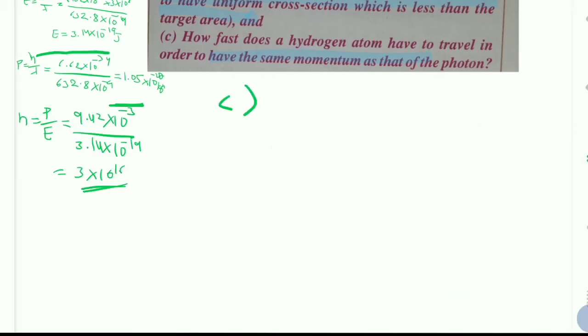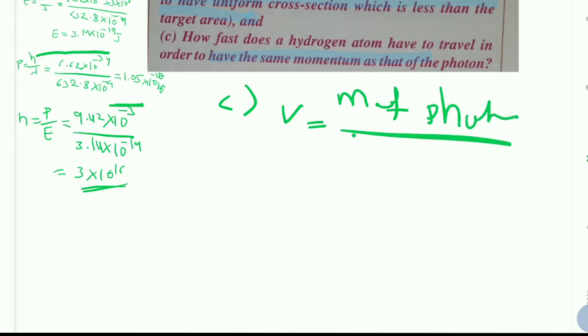See, momentum of a hydrogen atom is equal to the momentum of a photon. Therefore, the required speed v of the hydrogen atom is v equal to momentum of photon by mh, mass of hydrogen.